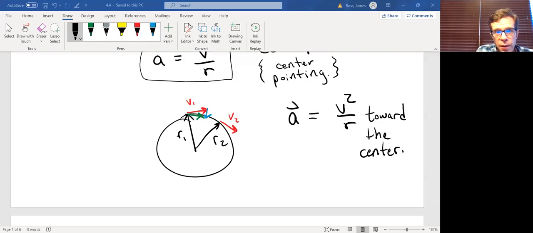Section 4.6 relates relative velocity and relative acceleration. And what this really comes down to is reference frames, right?